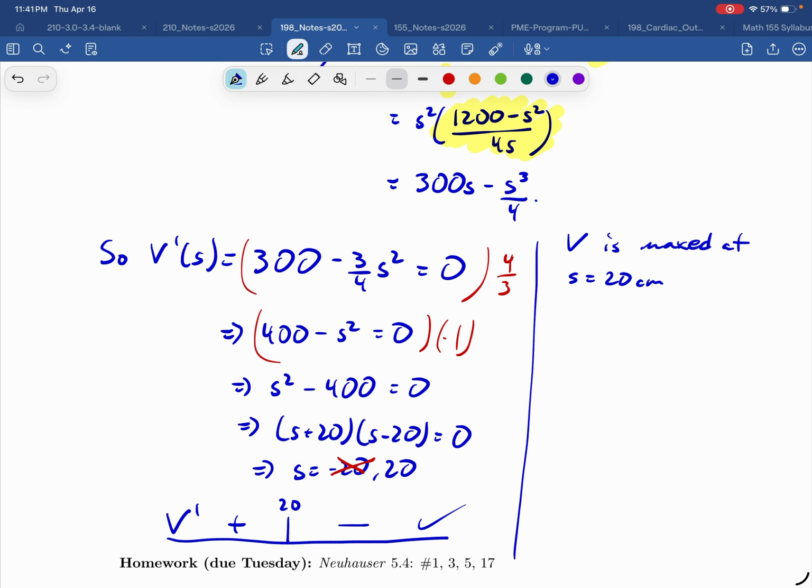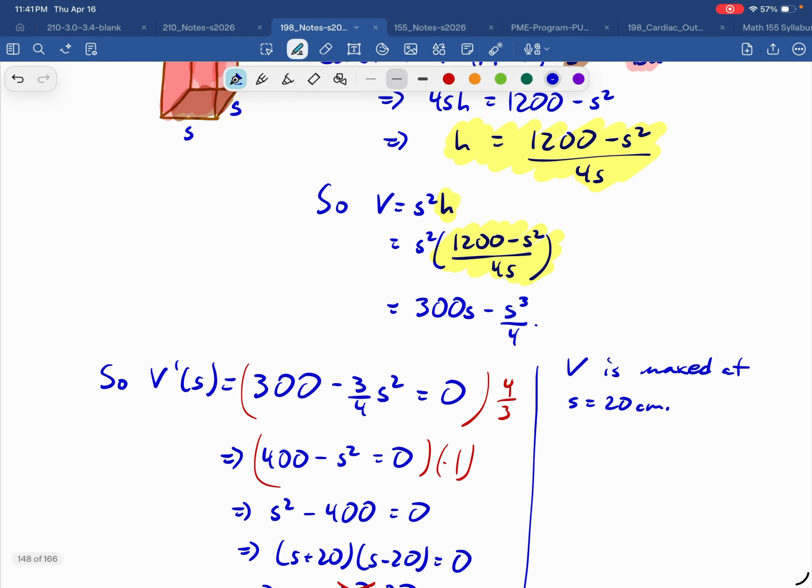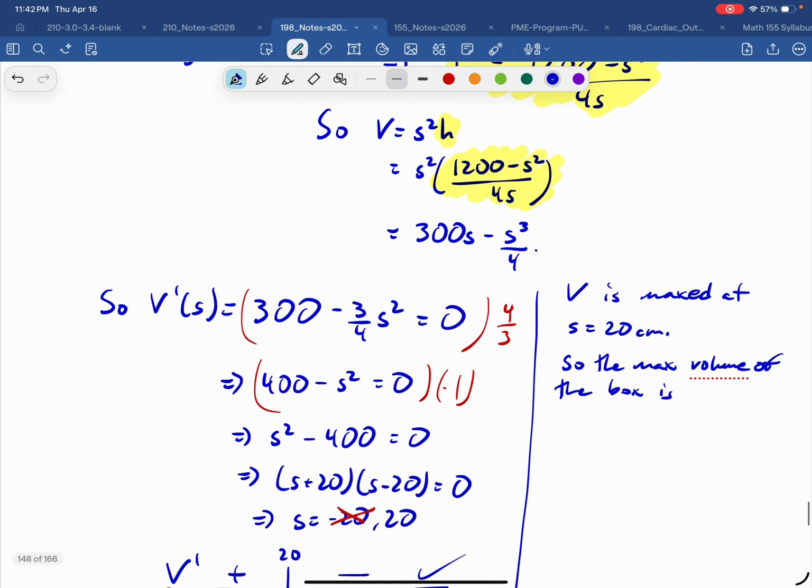Okay, now let's just be careful, right? They want to know the maximum volume, the largest possible volume. So you could do two things. You could plug S back into the constraint equation for H, and then do S squared times that. Or you can just say, so the maximum volume of the box is V equals 300 times 20 minus 20 cubed over 4.